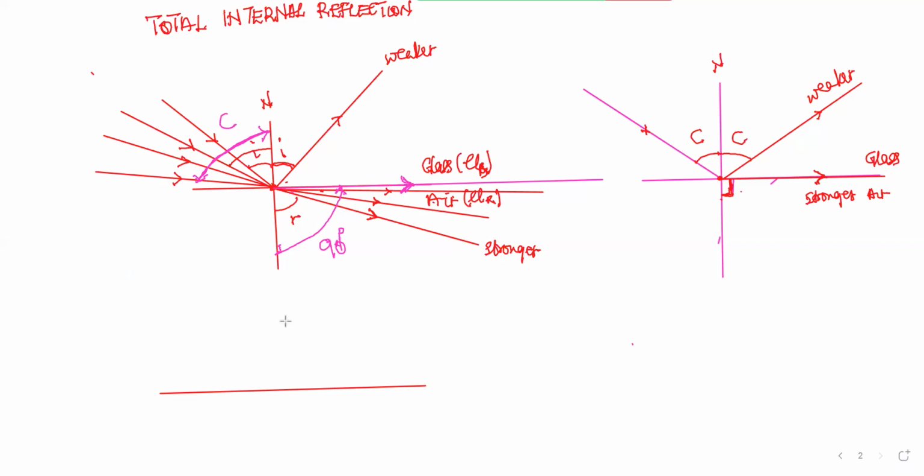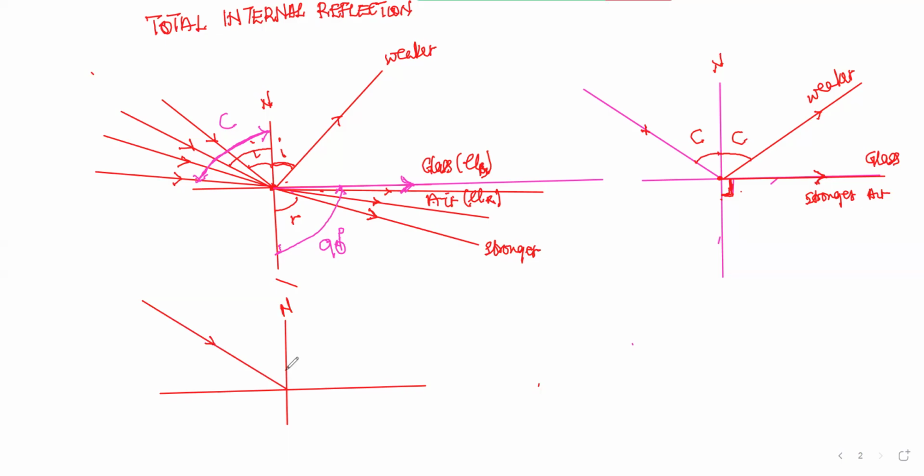So hold on, let me sketch a diagram to quickly explain this. So this is still the normal. This is the incident ray.